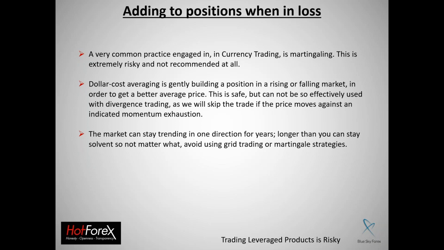Okay, and the reason is because you got a better average entry price. Okay, please note that for all these trades within this dollar cost averaging trading sequence, the stop loss and the take profit levels are the same.